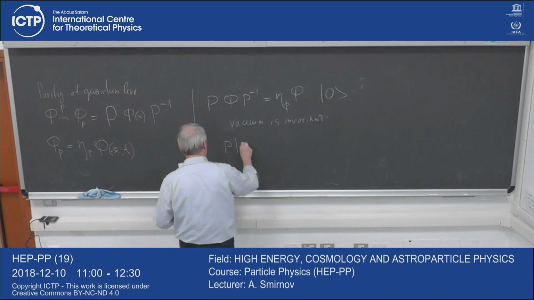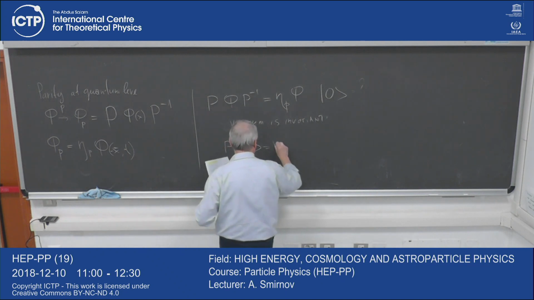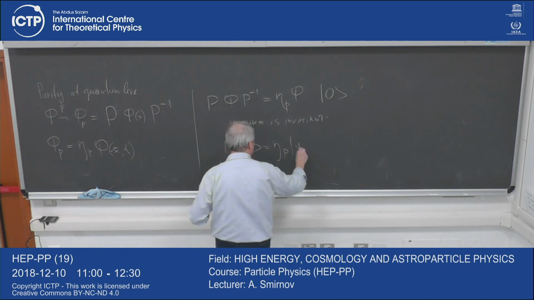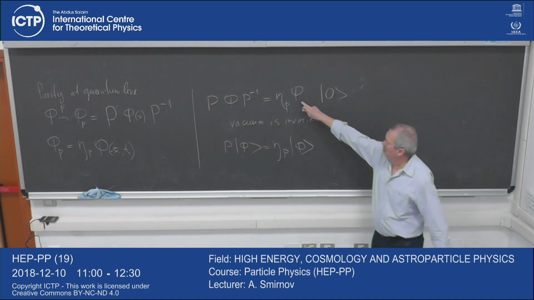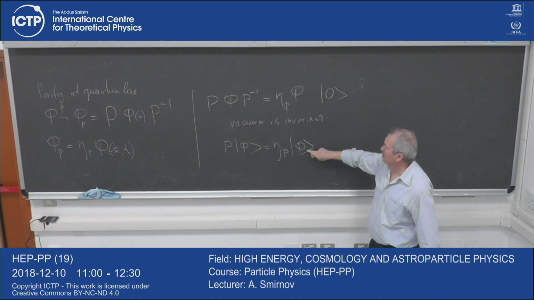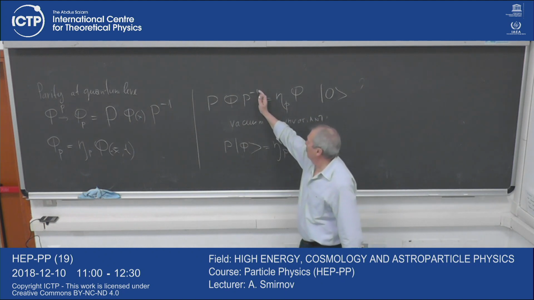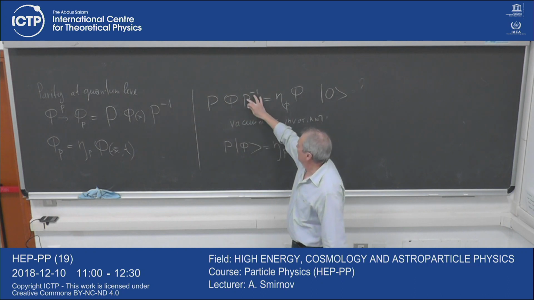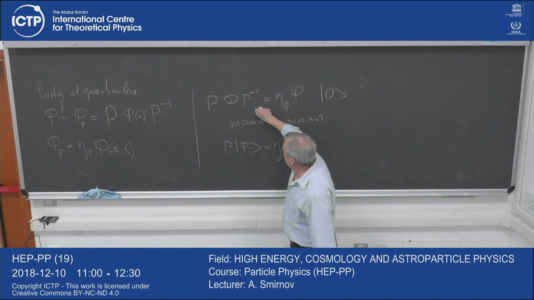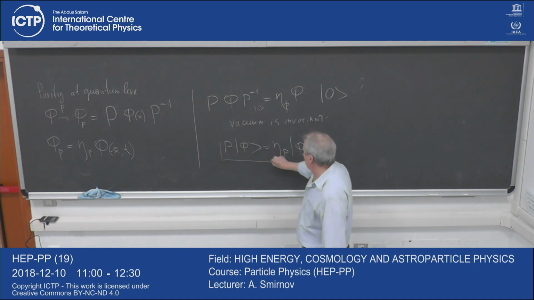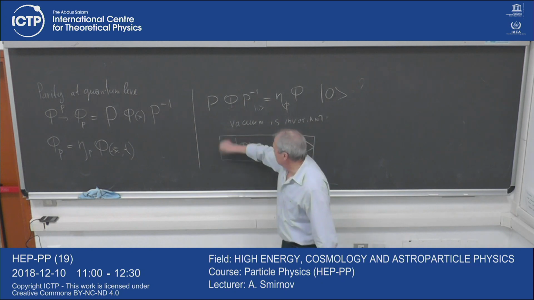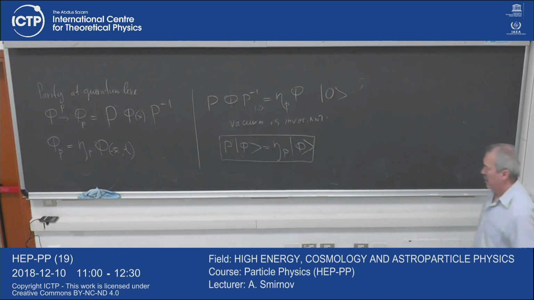P, let me write and then I will explain, equals eta P F. So this will give me F p, right? Now, P minus 1 acting on the vacuum, since the vacuum is invariant, will give me again the vacuum. And then F acting on the vacuum gives me this expression. So that equation, when I'm acting by this on the vacuum, will give me this expression.